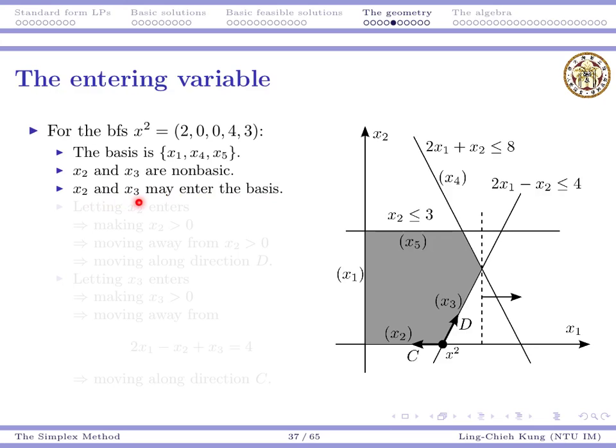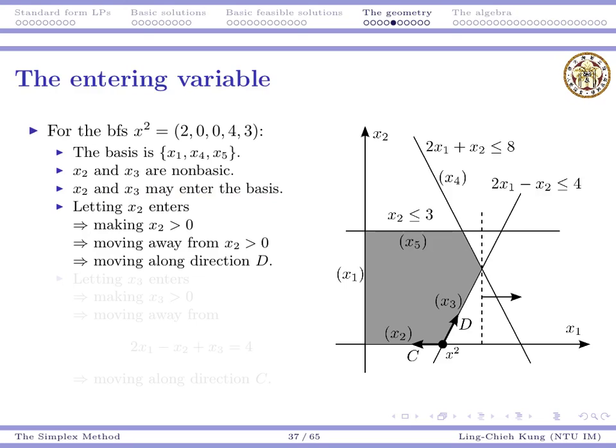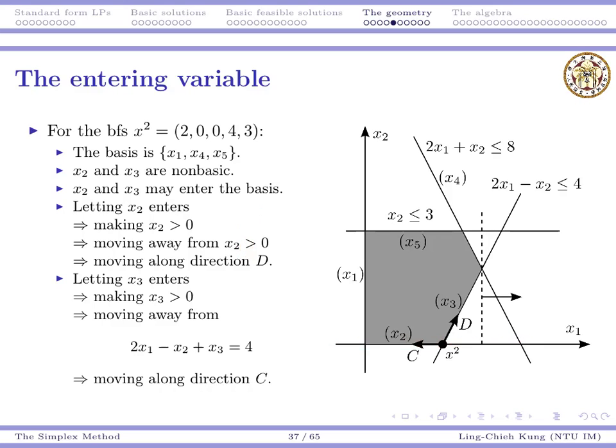If x2 enters the basis, x2 is going to become positive. Oh, sorry, this is a typo. This should be greater than or equal to. So x2 becomes positive, moving away from this constraint. So it will move along direction D, similar to the previous.